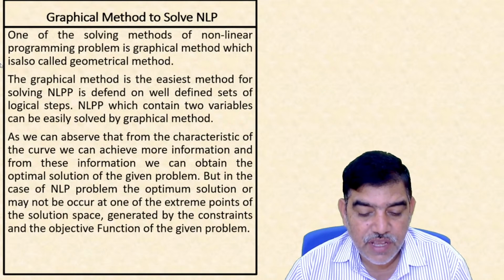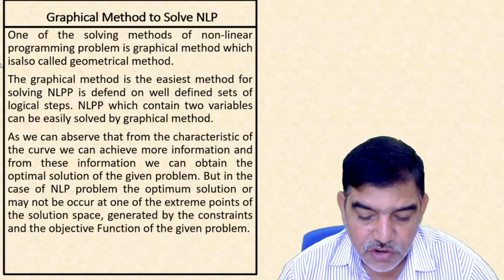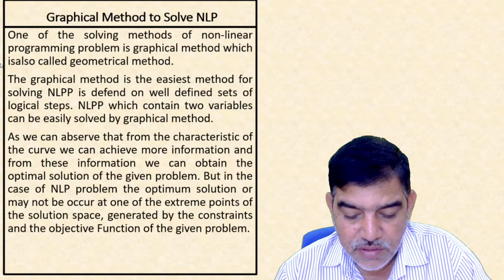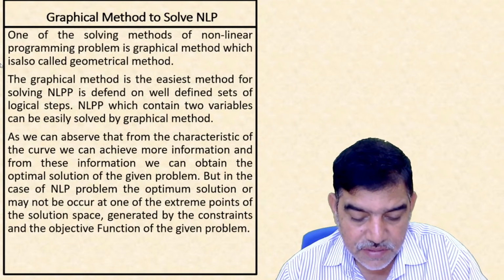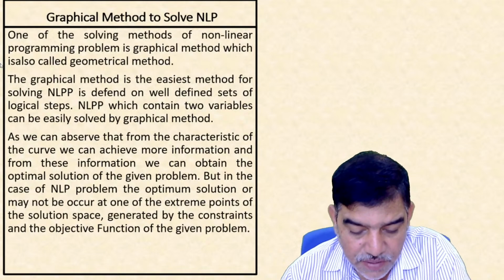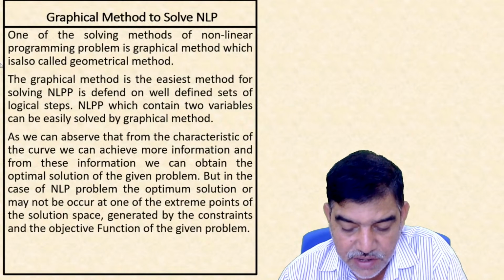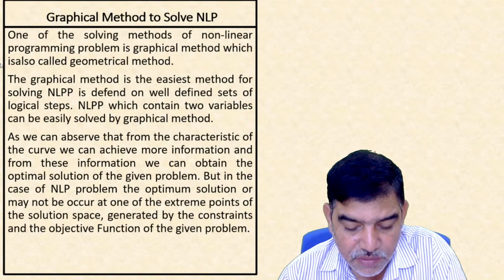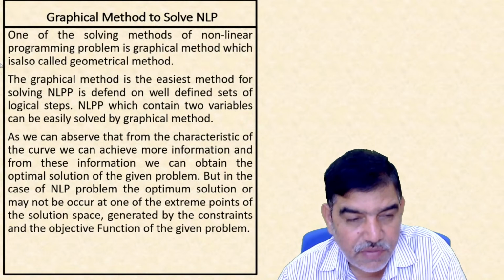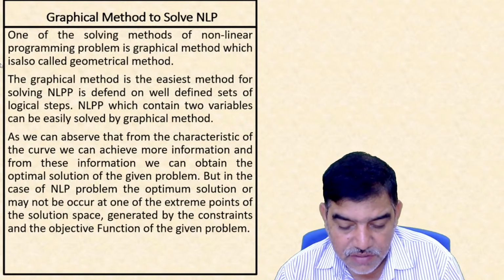A function f of x1, x2 up to xn, equal to f of x, is said to be convex over a convex set S when the shape of the function is such that for any 2 points x and y in S, the line joining f of x and f of y must be above the function.